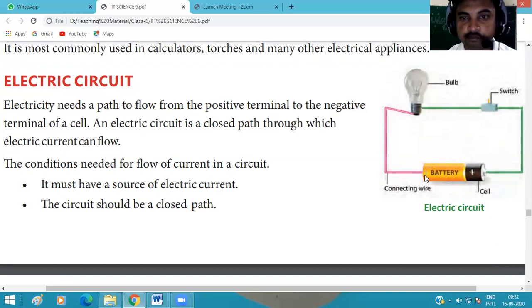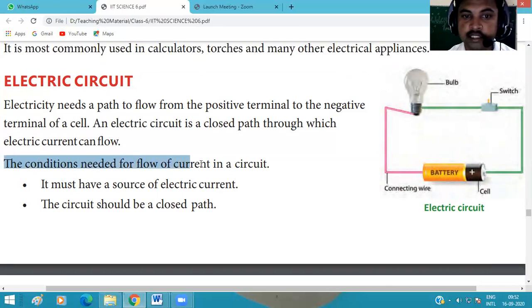Electricity flows when the circuit is closed. Closed means the switch is on. When the switch is on, the path is connected completely, so the electricity flows. And when switched off, the circuit is open, so electricity doesn't flow.